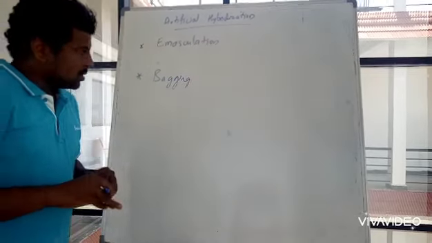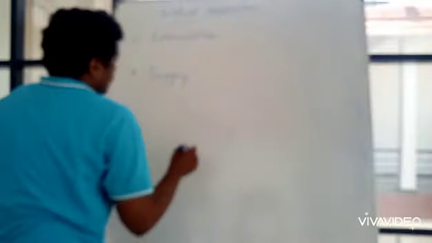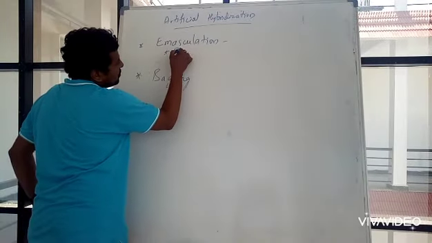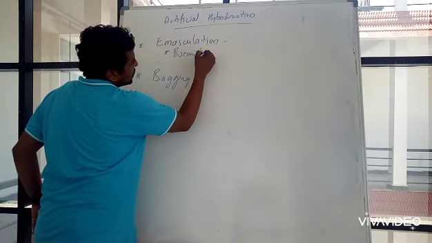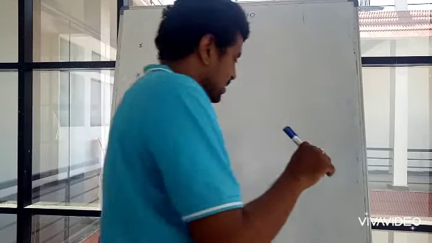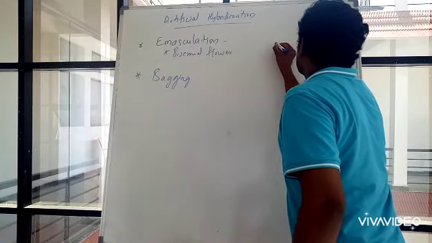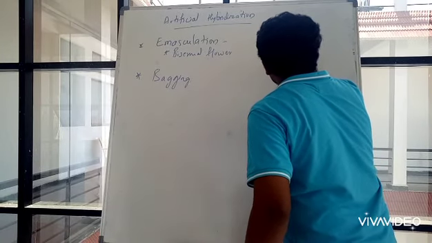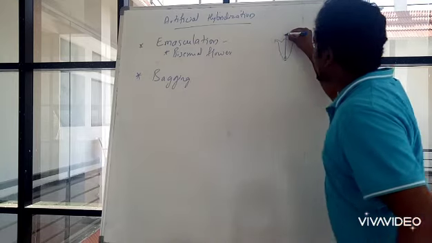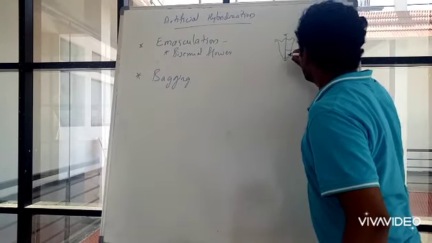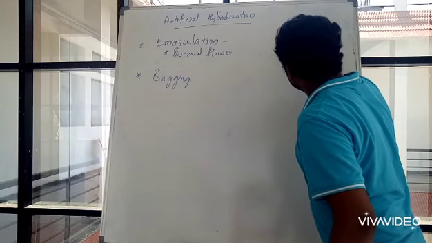Emasculation means here we will generally be using a bisexual flower. I am going to draw a bisexual flower over here. This is the female reproductive part, the pistil, and the male reproductive part will be the stamen.